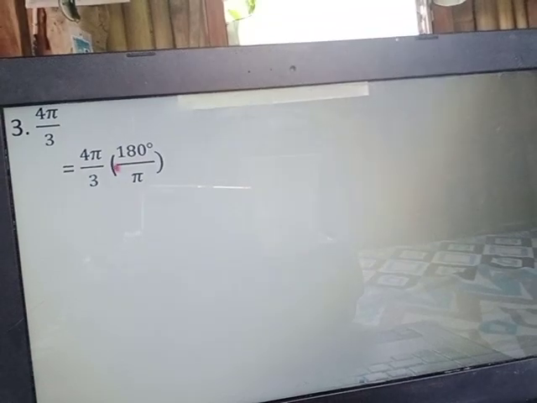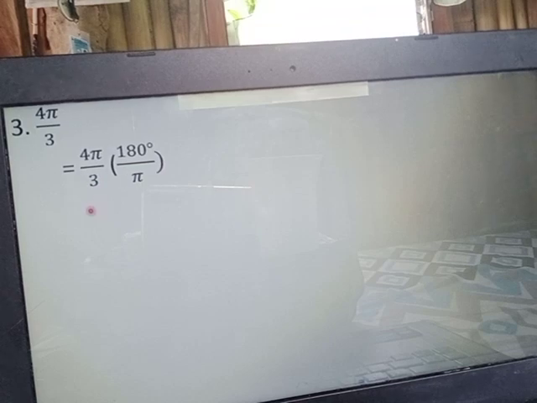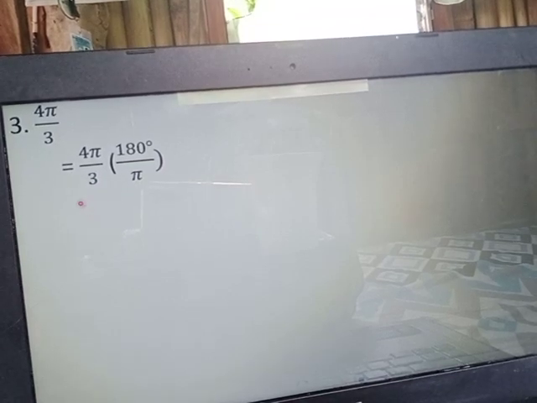So in our formula, since we have pi here, take note, our pi must be in the denominator so that we can cancel the pi here and we have only the symbol for degrees. So we have 4 multiplied by 180 degrees, and pi, and then 3 multiplied by pi.